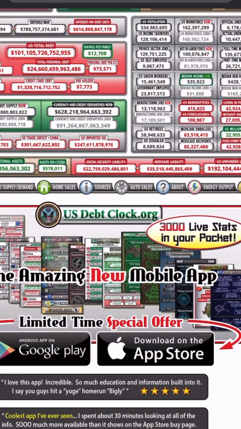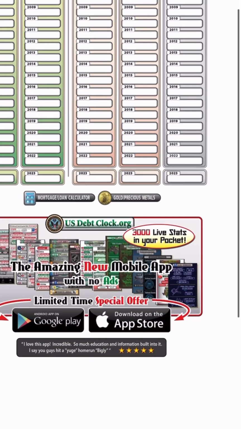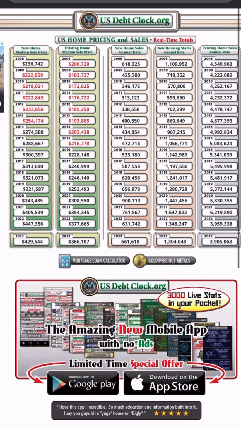And then if we go back to home sales, this is very interesting. I always like looking at these. As you can see, what I've been talking about, the median household price going up. You can tell here from this calculation that it has gone up in price. Even this year has gone up. We look at the numbers here.